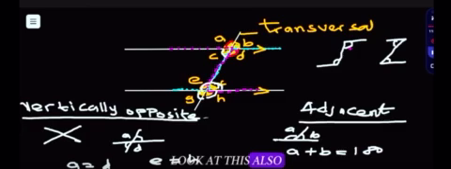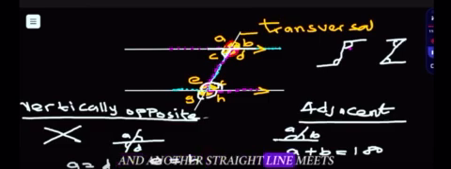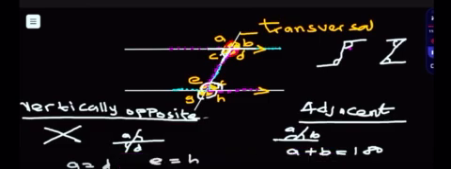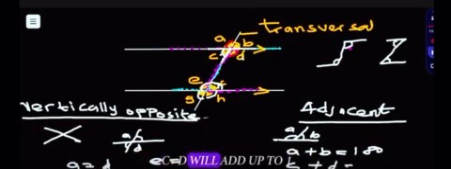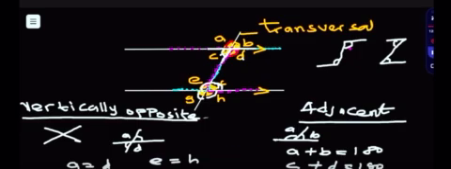Look at this also. If this is a straight line, and another straight line meets it here, C will not be equal to D. C plus D will add up to 180 degrees. Why? They are adjacent angles on the straight line.